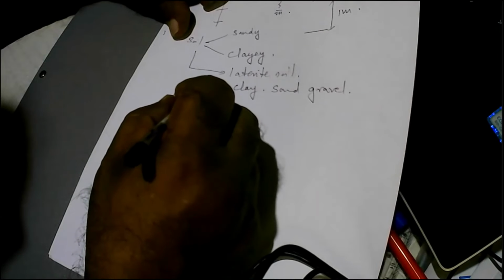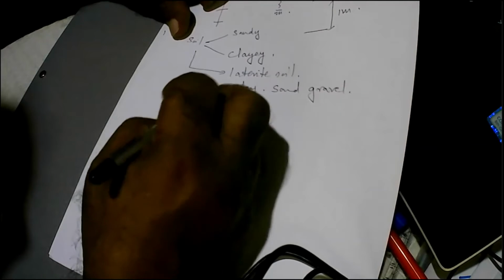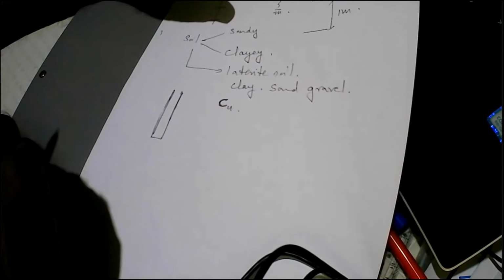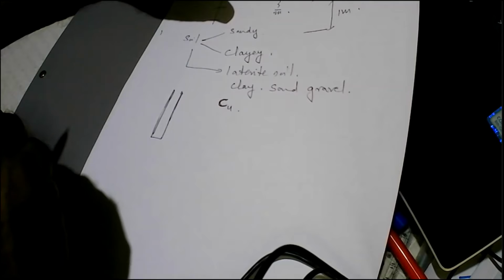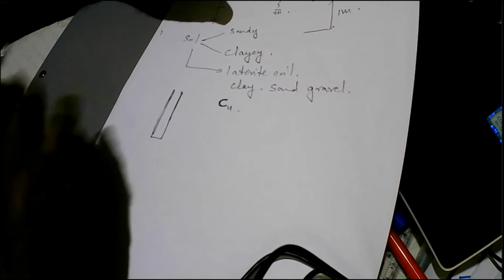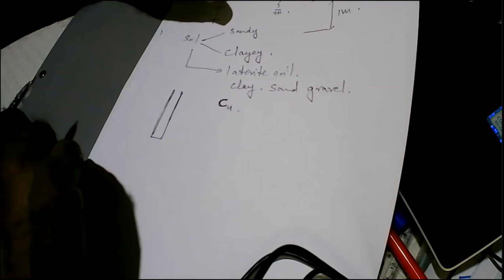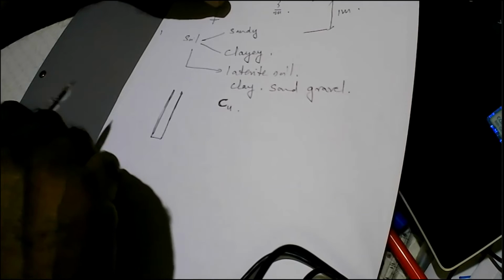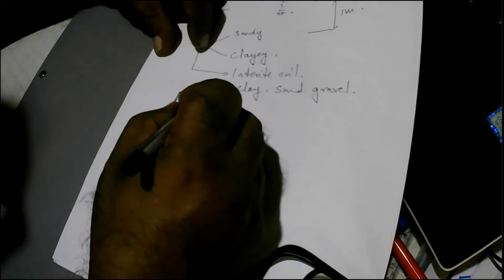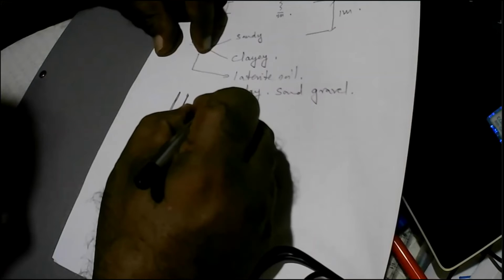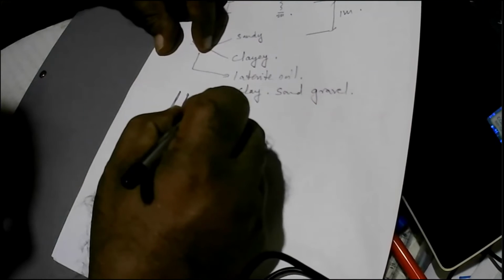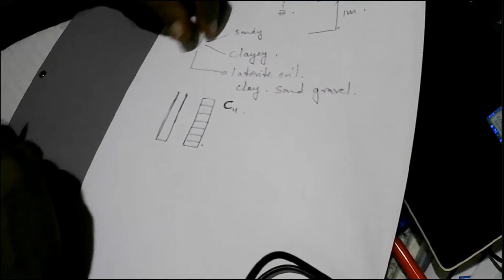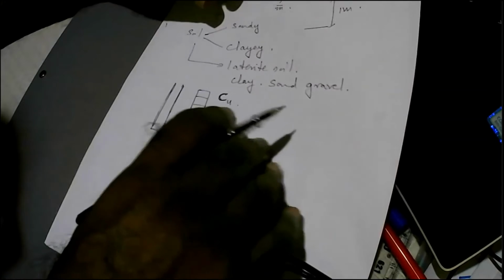If the soil is over consolidated, that means the clay soil has been there for a long period of time, and during this period, various extra loads have come on it due to flooding or due to ice age or whatever the reason. The soil is over consolidated. Then the spring constant value does not vary with the height. It's a constant value, and it depends on the soil strength.